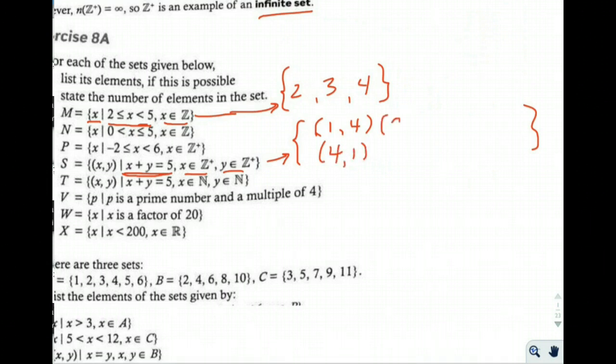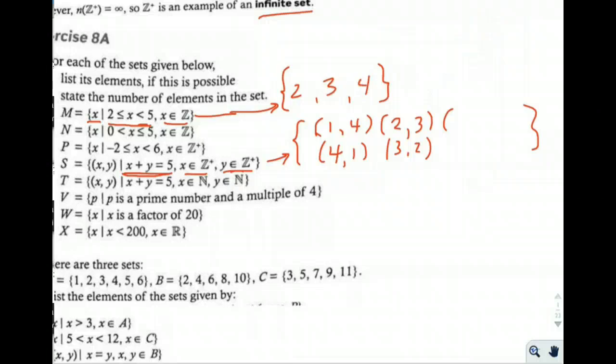What if x was 2? Then what would y be? It would be 3. So (2, 3) would also satisfy the equation. Is there anything else? No, I think we've already gotten every single combination, because we can't use 0 and 5, since it has to be a positive integer, starting with 1 and so on.